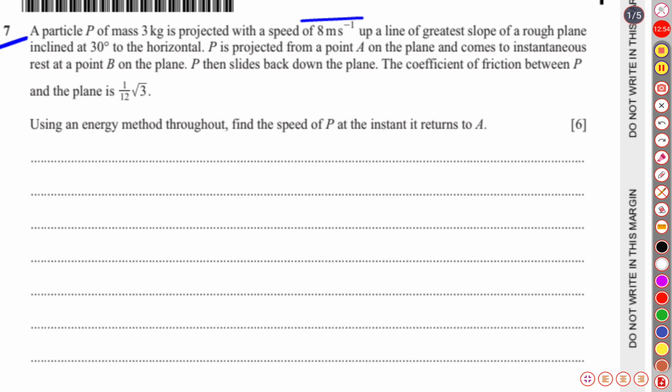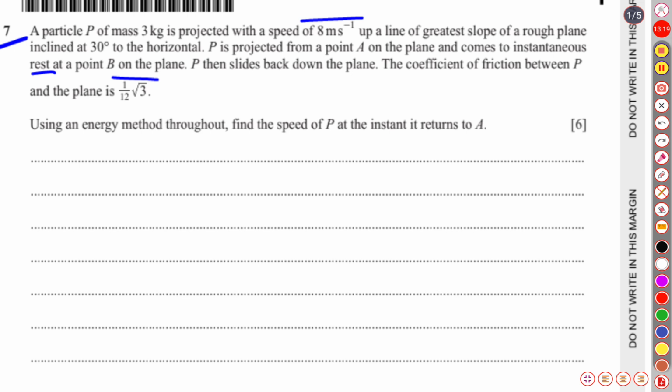P is projected from a point A on the plane and comes to instantaneous rest at a point B on the plane. P then slides back down the plane. The coefficient of friction between P and the plane is square root of 3 over 12. Using an energy method throughout, find the speed of P at the instant it returns to A.